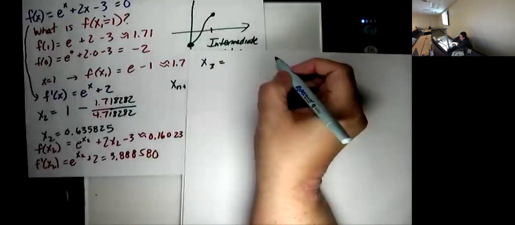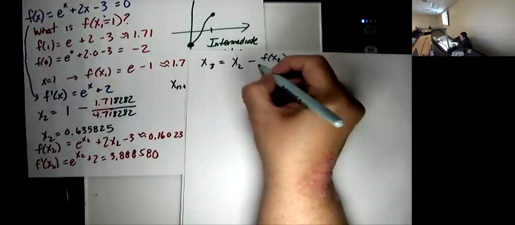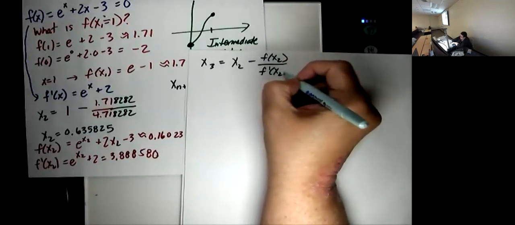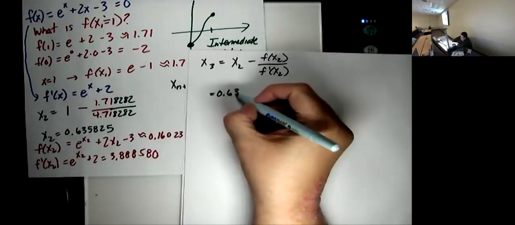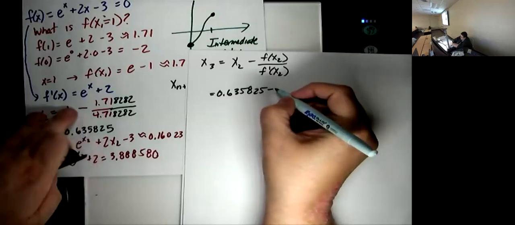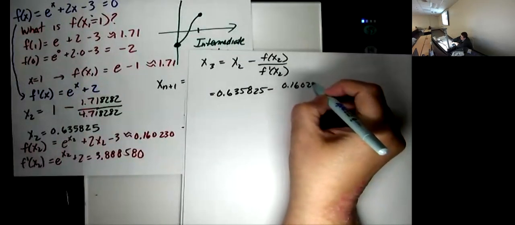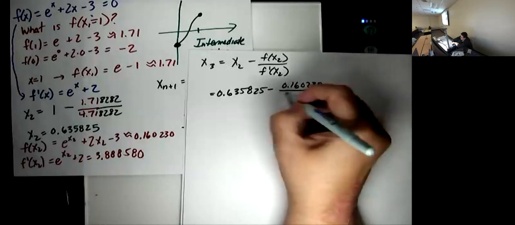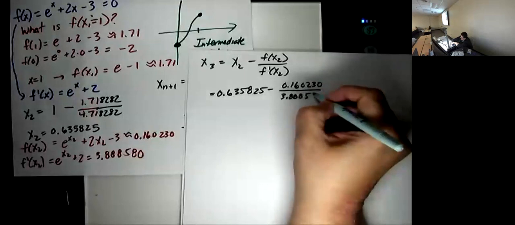We've got x sub 2 minus f of x sub 2 over f prime of x sub 2, which equals 0.635825 minus 0.160230 over 3.888580.